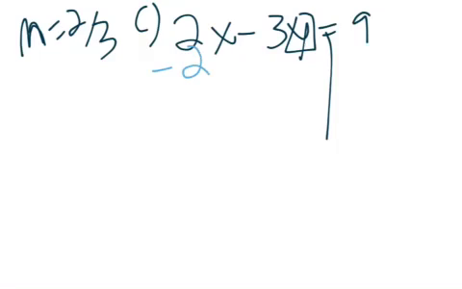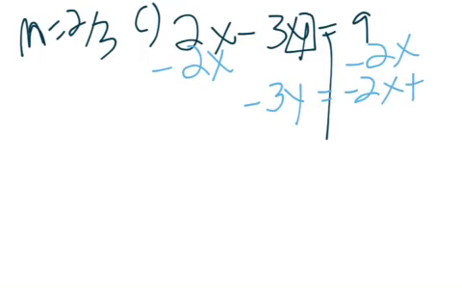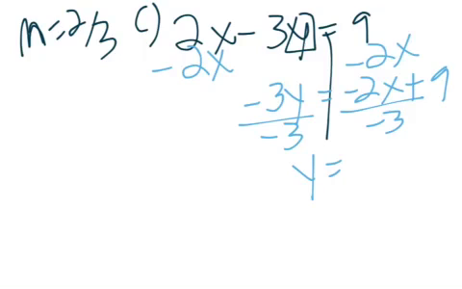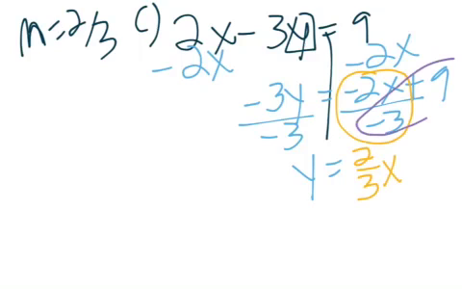So I'm going to minus 2x, negative 3y equals negative 2x plus 9, divide by negative 3, y equals, again, this is a negative divided by a negative. That is a positive 2 over 3x. And this is a positive divided by a negative, which is a negative 3.